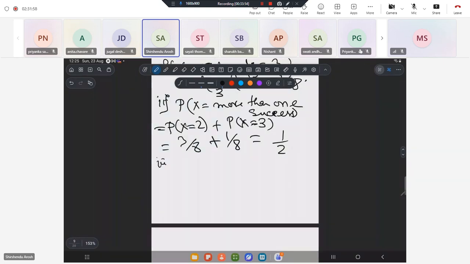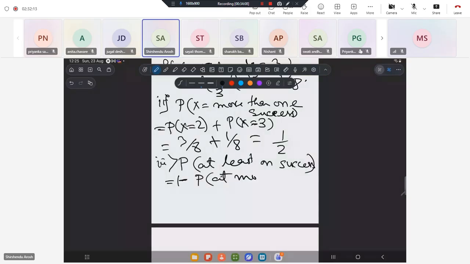And the third one is at least 1 head, that is at least 1 success. That is 1 minus P of at most 1 success, which is 1 minus P(x=0), so 1 minus 1 by 8, that is 7 by 8.